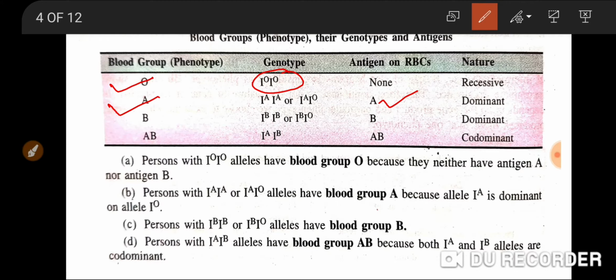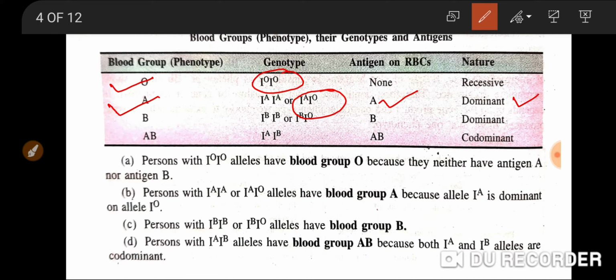In IA IA, both alleles are dominant and will form the antigen A. And in the case of IA IO, IA is dominant over IO, so IA will express itself and produce the antigen A. This is the case of dominance, that is, IA is dominant over IO.